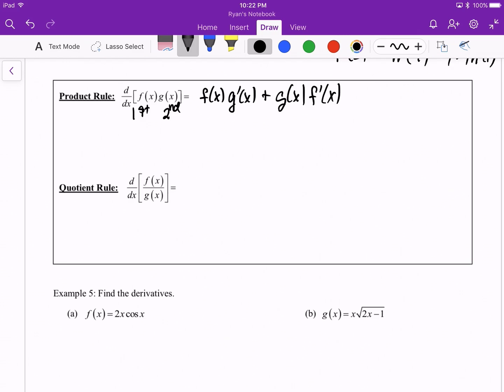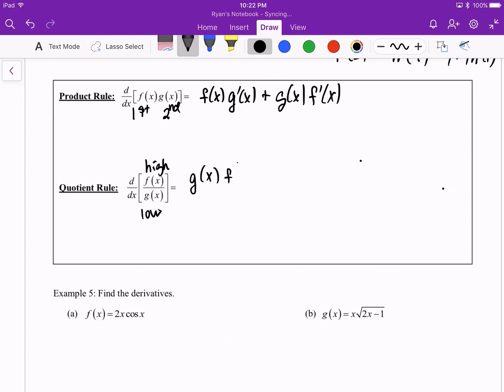So for the quotient rule, this is kind of how I do it, and just to make it easy, I call f of x the high function and g of x the low function. Okay, so the quotient rule says the derivative of f divided by g is low, which is g of x, times the derivative of the high.